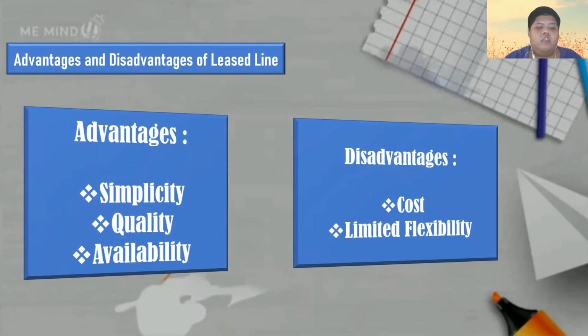Simplicity: point-to-point communications links require minimal installation and maintenance knowledge. Quality: point-to-point links generally offer high quality of service if they have adequate bandwidth, dedicated capacity, and removed latency or jitter between terminals.